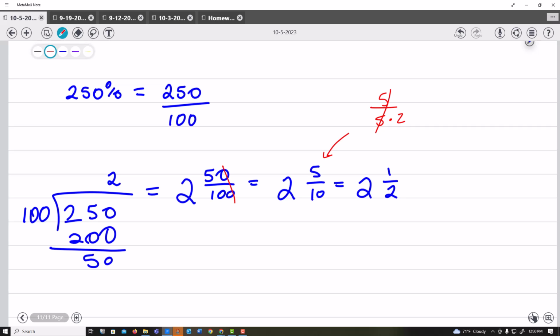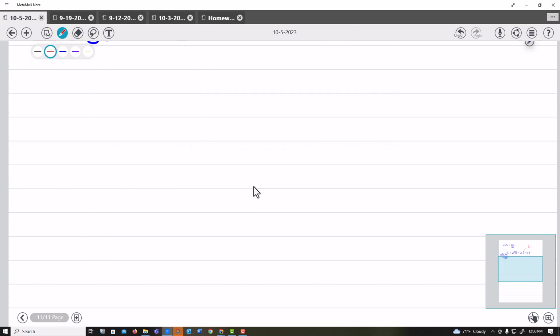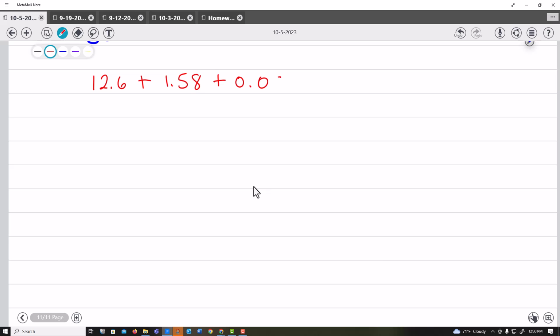All right, what else I got in here? Just looking through some of the questions. If you're asked to add some decimals, so I have 12.6 plus 1.58 plus 0.0536. The big key on this is that you just line up your decimals.